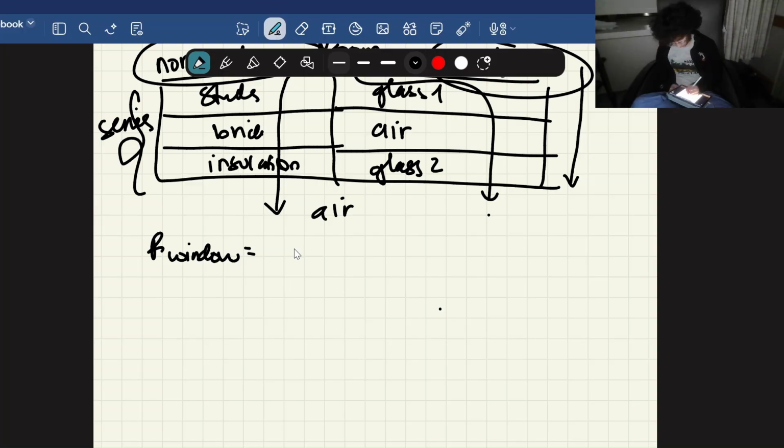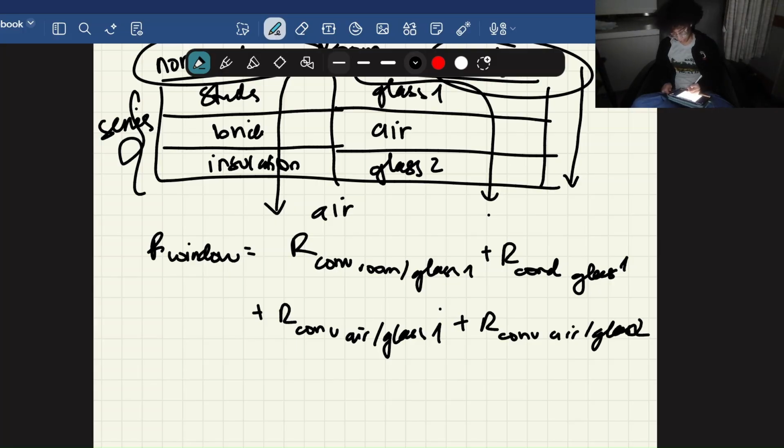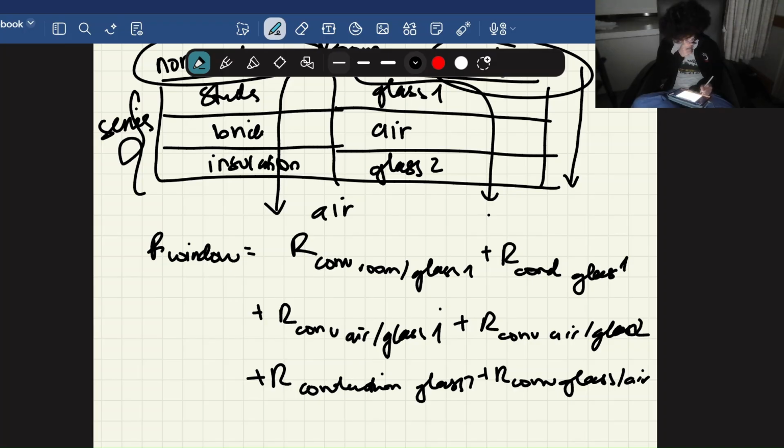Over here we have the resistance by convection from the room to glass one, and then the resistance by conduction of glass one, and then the resistance by convection between glass one and the air gap, and then convection between the air gap and glass two, and then the resistance by conduction of glass two, and then finally the resistance by convection between glass two and the outside air.